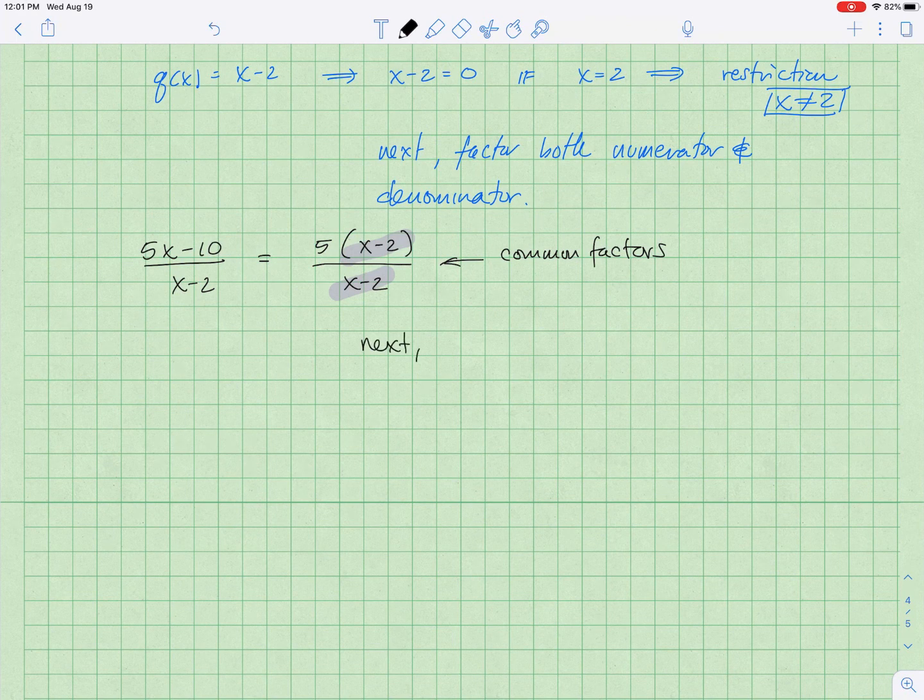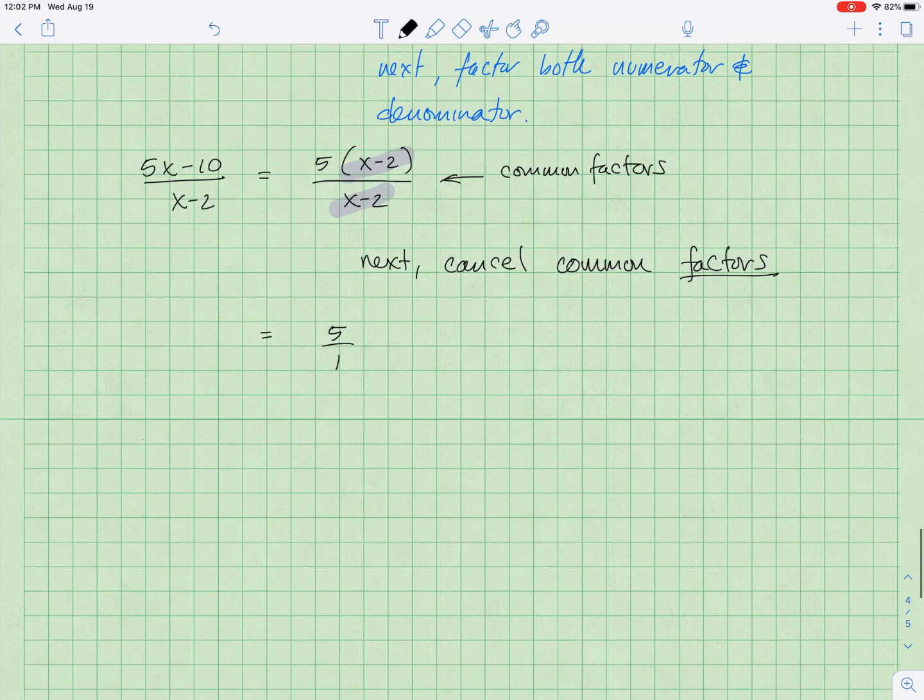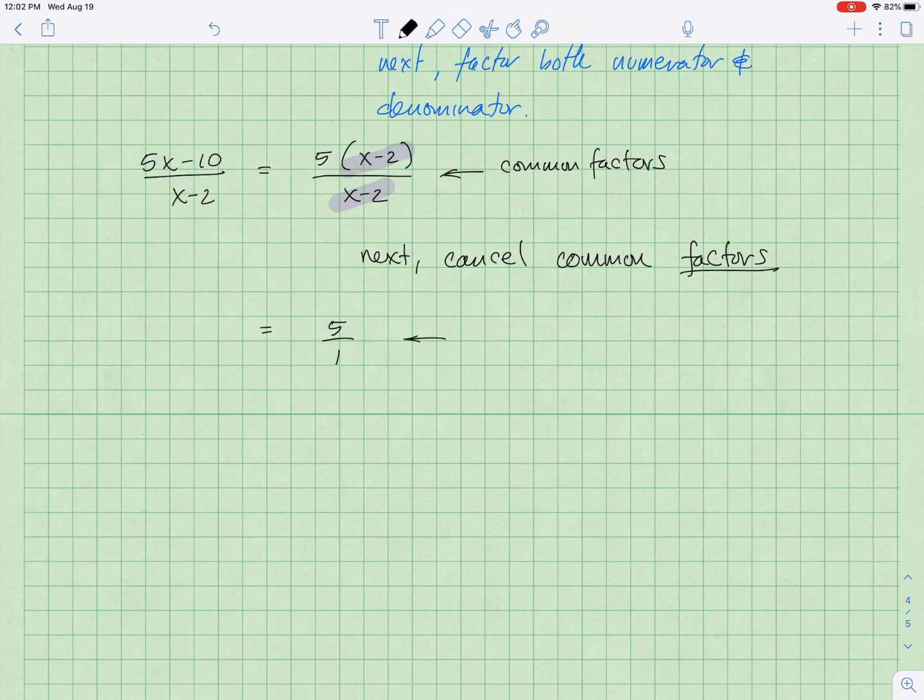So, next, after factoring, cancel the common factors. And again, I'm making a big deal about the word factors there. So this is equal to 5 over 1. And so no more common factors.